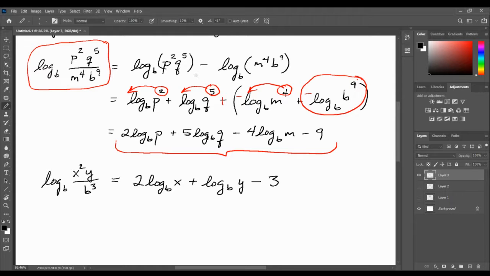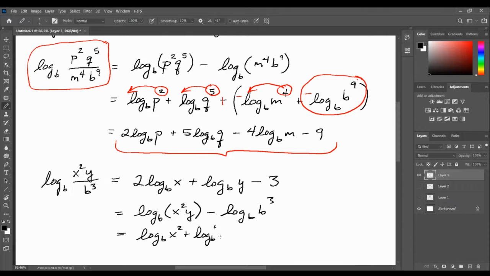So that's what we would get with this one if we split it up. We can do the same process I did before and start with the quotient. So maybe we would have log base b of x squared y minus log base b of b cubed. We could do the product rule here with the first term, log base b of x squared plus log base b of y, minus, and we know this one from our earlier work, that that'll just be a 3.